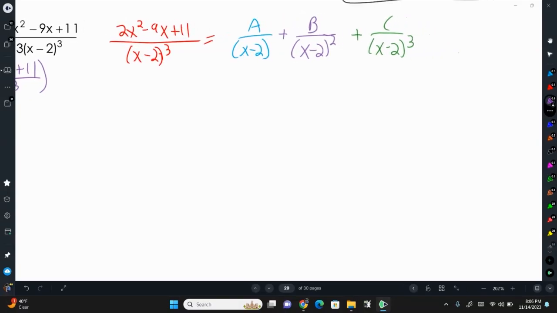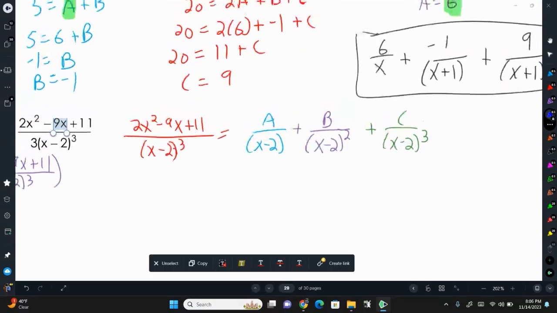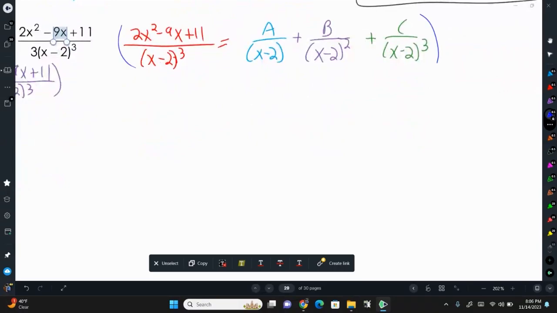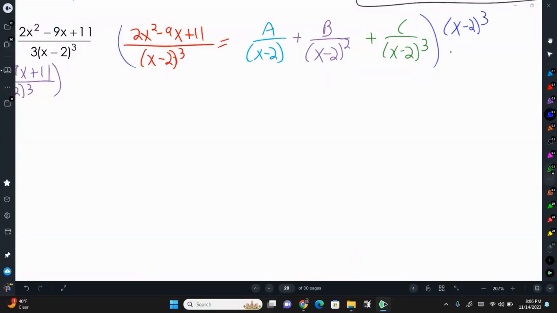Right, then we're going to multiply everything by x minus 2 to the third. So the left side is going to be 2x squared minus 9x plus 11.